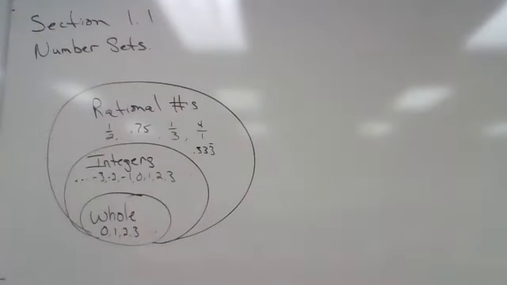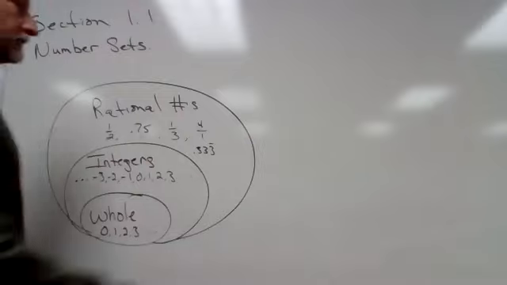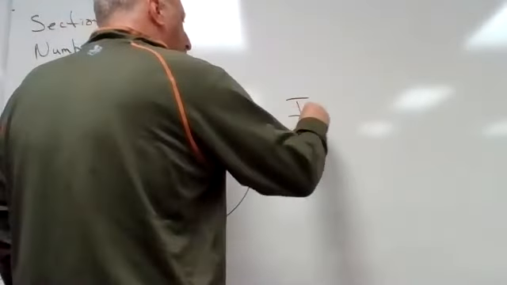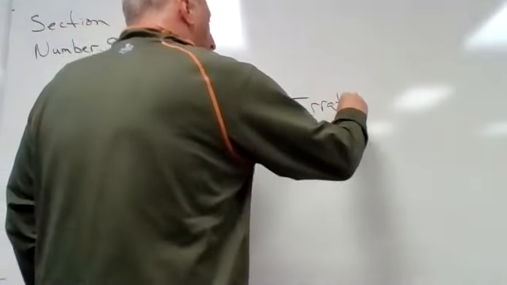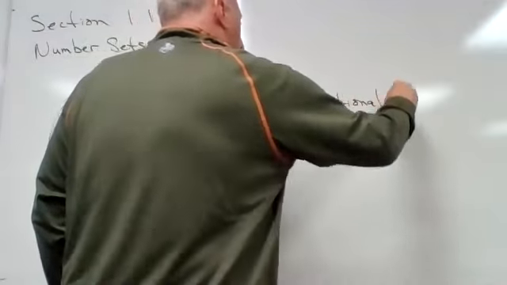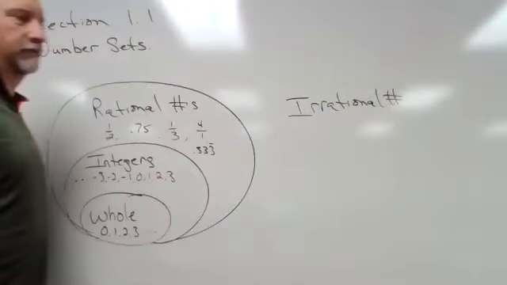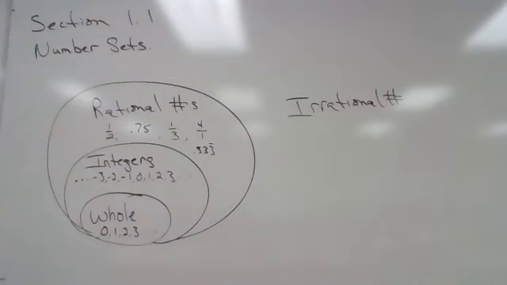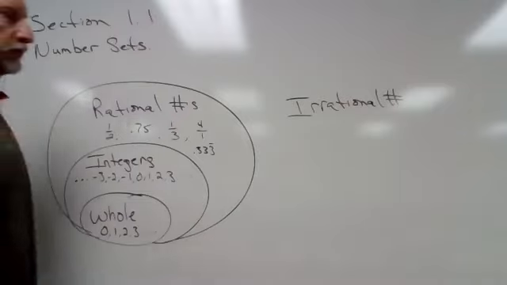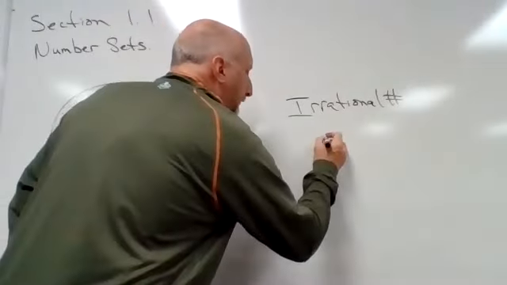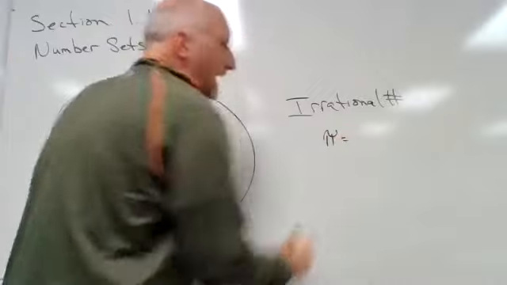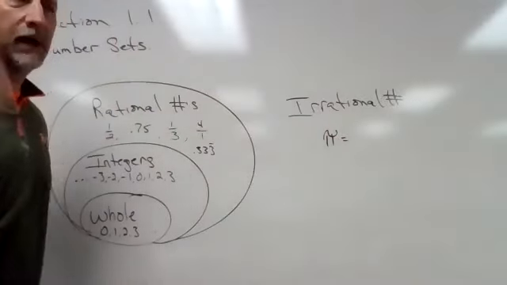Okay. Well, there are some numbers that we call irrational. And those are those decimal numbers and fractions that don't ever end as a decimal form or don't repeat. For example, pi. We know that pi is 3.14 and so on.